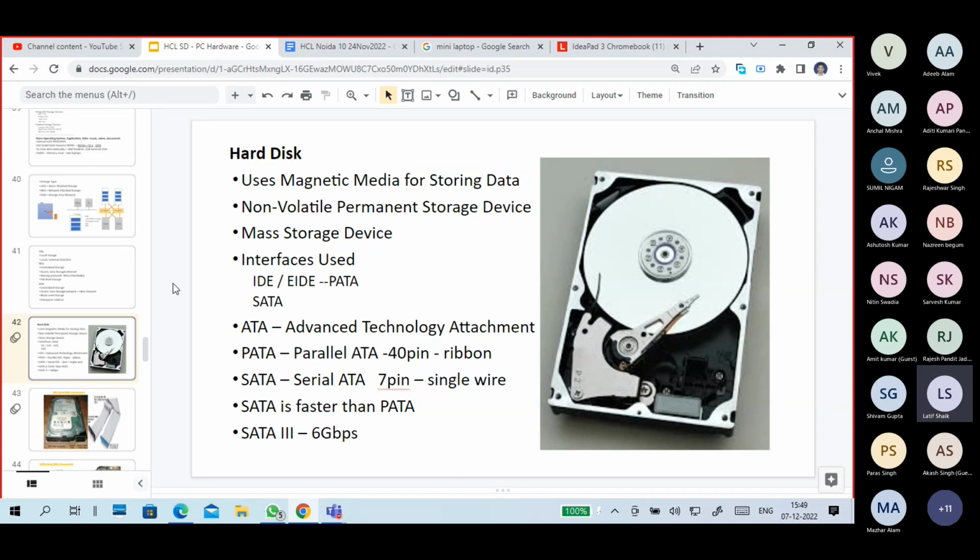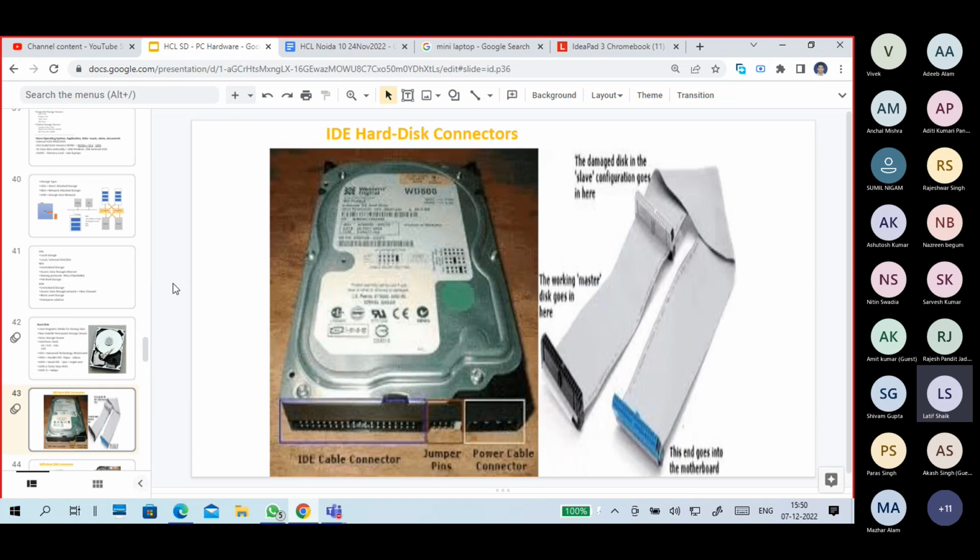Here there are two types of interfaces. One is the PATA interface, another one is the SATA interface. The hard disk is internally almost the same, but when you are connecting your hard disk to your motherboard, the interfaces change. The PATA type of interface has a 40 pin connector, so you can connect it with this ribbon cable. One side of the ribbon cable goes to your hard disk, the other side goes to the motherboard.